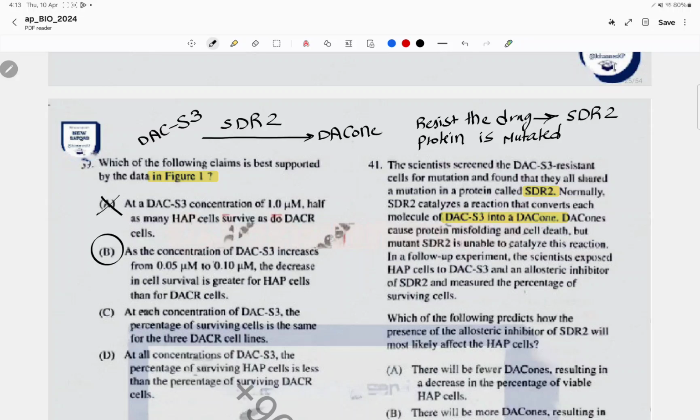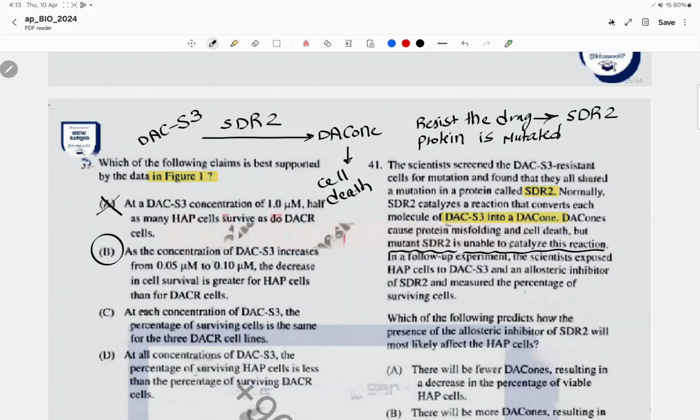DA cone causes protein misfolding and cell death. That only occurs if the SDR2 is not mutated, but right now it's mutated. So the mutant SDR2 is unable to catalyze this reaction, and that's why the cell is not going to die by the drug.